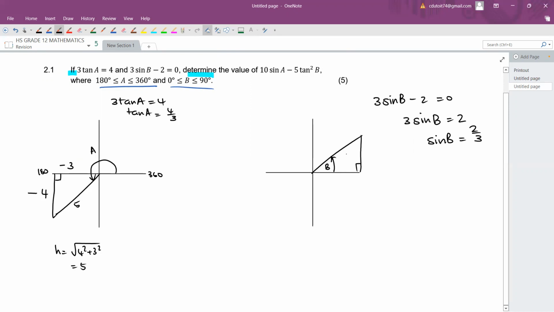Do you know exactly what I've done? Yes, I'm just writing it down. And sin is opposite over hypotenuse, so I can get the x value here, which is the root of 3 squared minus 2 squared, and that is root 5. So those two drawings, one was the yellow part and the other was the green part. I converted those into two drawings. Got it, Liam? Yes, sir.